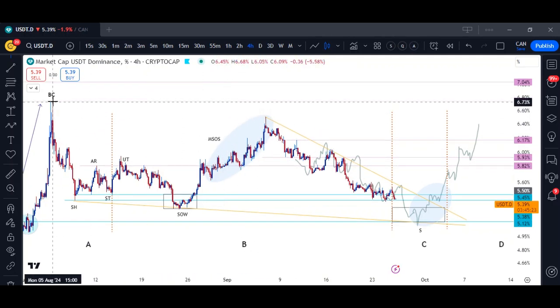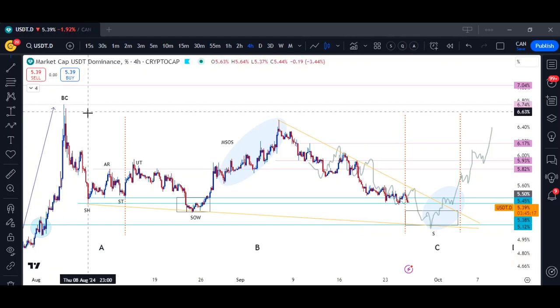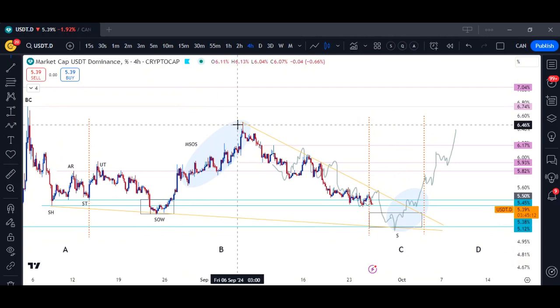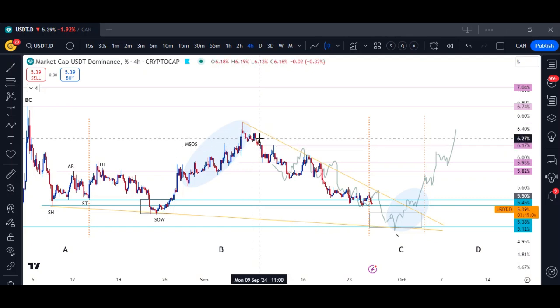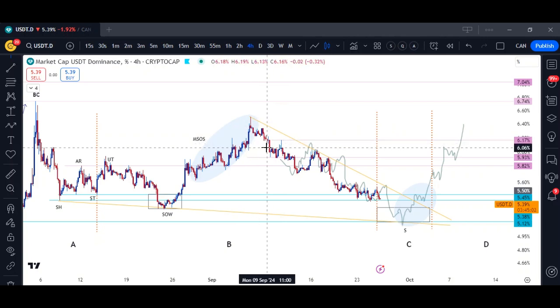They tried to go above this area, but they failed. And since they couldn't actually clear this high, the market found some momentum again. And then we started a small rally in cryptocurrency, and money flowed back into the market.